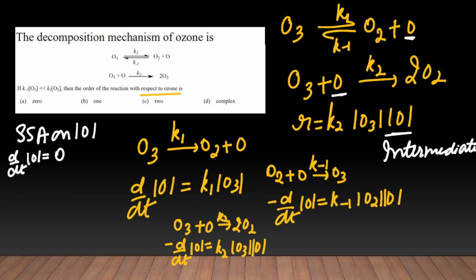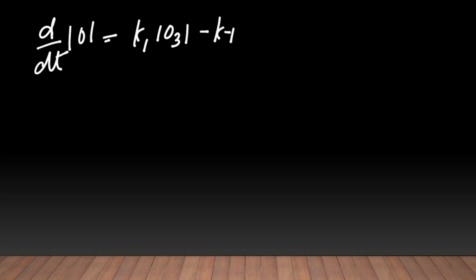So combining all of this, d by dt of O will be equal to K1 times O3 minus K inverse of O2 into O minus K2 times O3 into O. This is equal to 0.